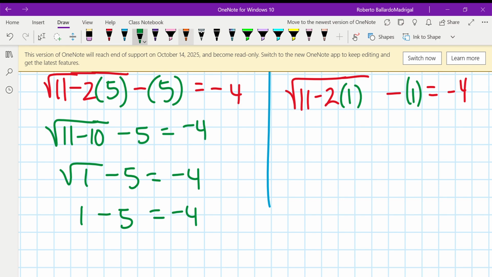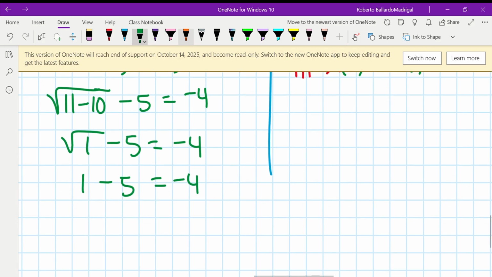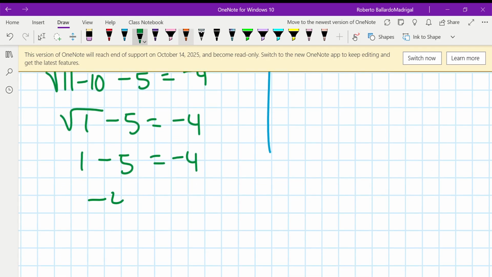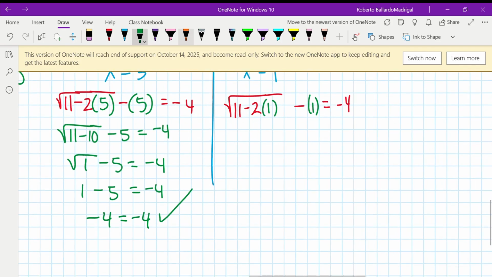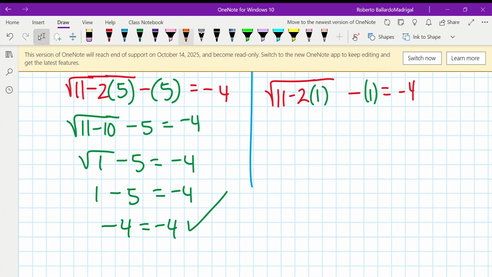What is 1 minus 5? Negative 4. So negative 4 equals negative 4. This solution works. I'll zoom out so you guys can write this down. So once again, this solution works.